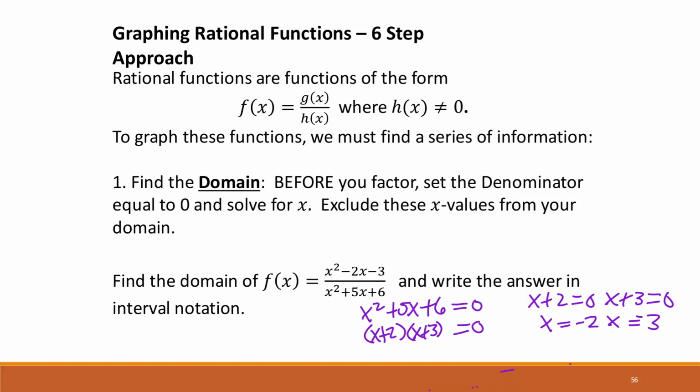We know that those cannot be solutions because our denominator cannot be 0. So our domain is everything but those values: from negative infinity to negative 3, union negative 3 to negative 2, union negative 2 to positive infinity. So that's our domain.